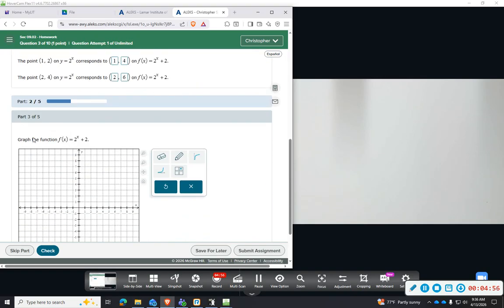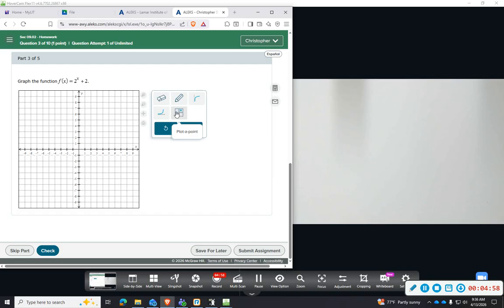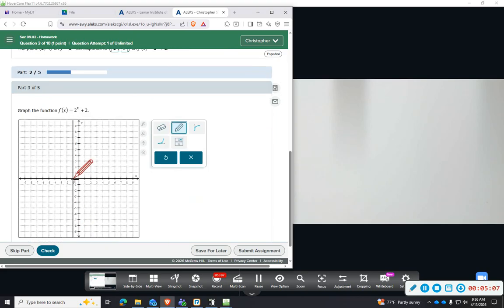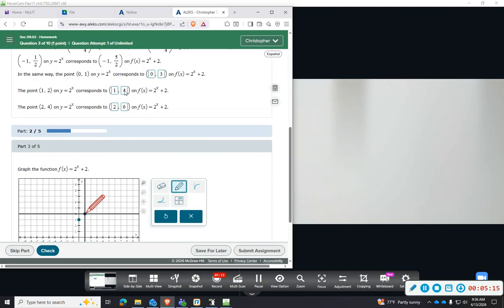All right, so now we're going to graph the function. We can plot some points. I'll use the pencil and plot these: 0, 3, 1, 4, and 2, 6.